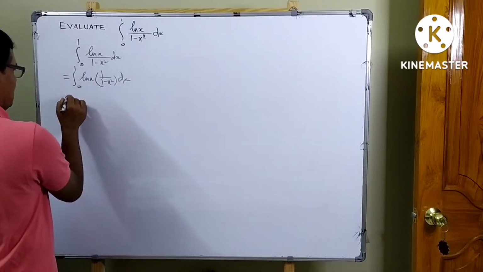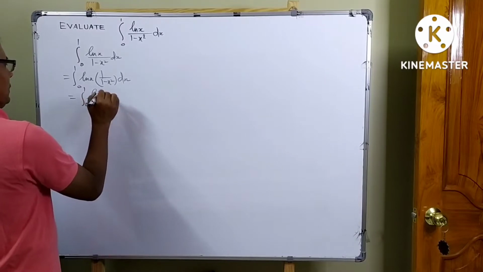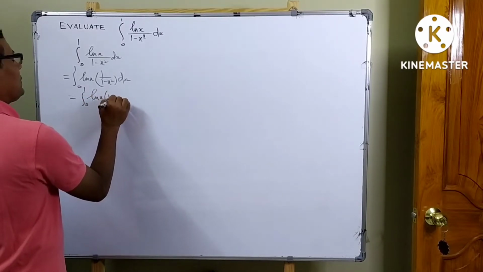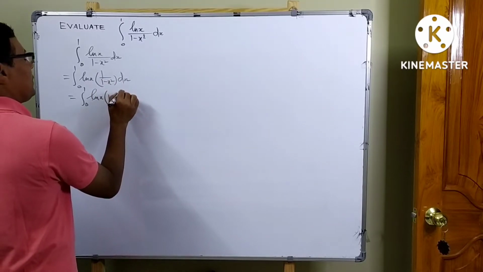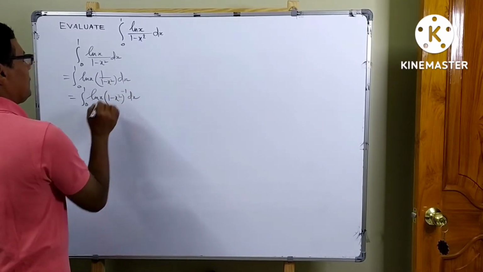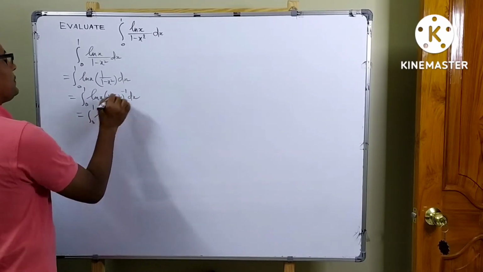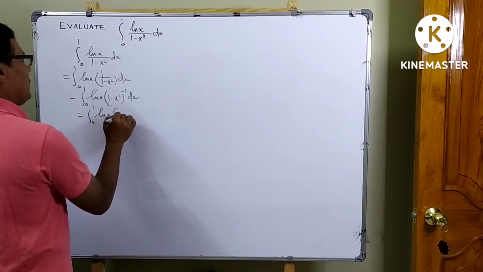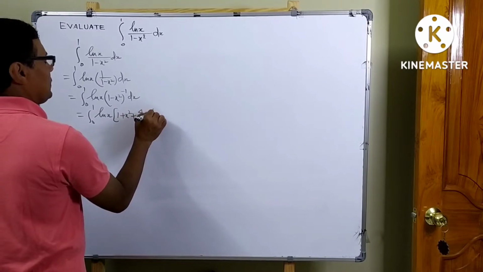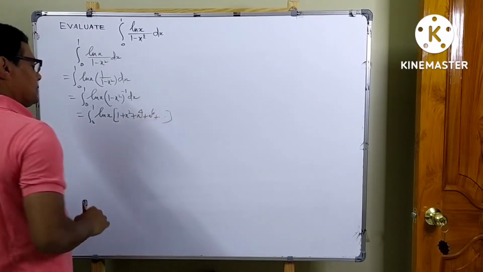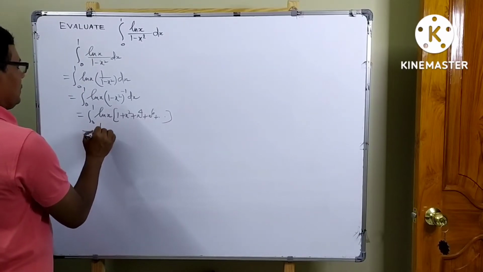The series expansion is: integral 0 to 1 natural logarithm x times 1 minus x square to the power minus 1 dx, and the series expansion of this function is 1 plus x square plus x to the power 4 plus x to the power 6, and so on up to infinity.